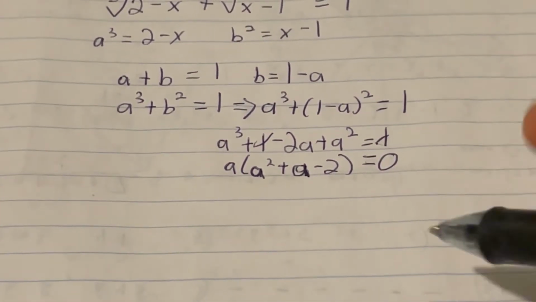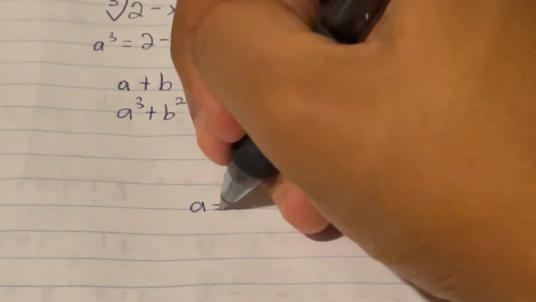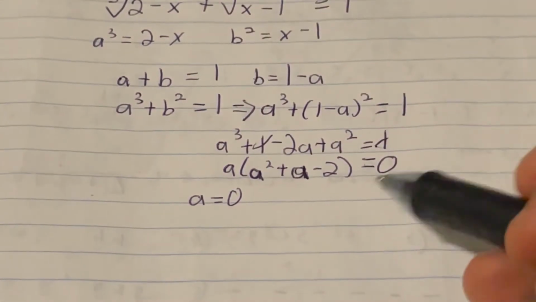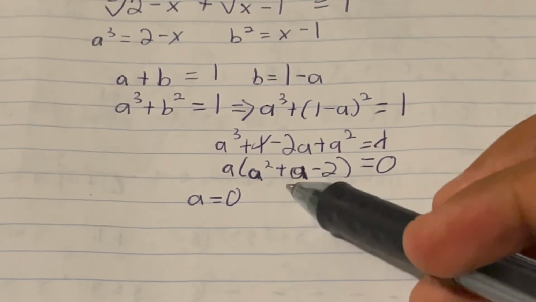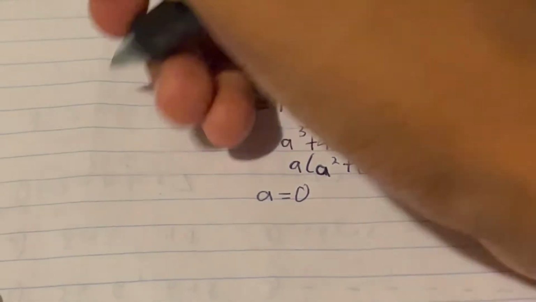Well, now it's pretty obvious that a equals 0 is one solution for this equation, not for the original equation, but for this equation. And how about a squared plus a minus 2 equals 0? Well, that's just a simple quadratic.